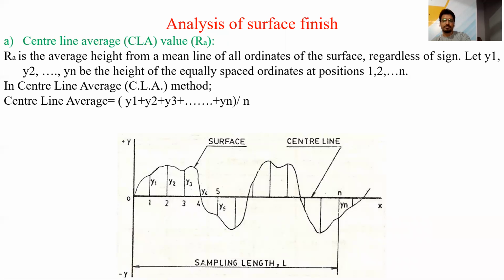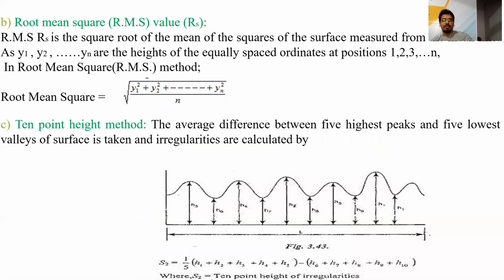We square each ordinate, then do the summation and divide it by the total number of ordinates, and then take the square root of that.